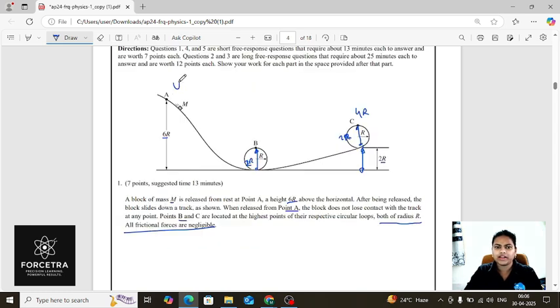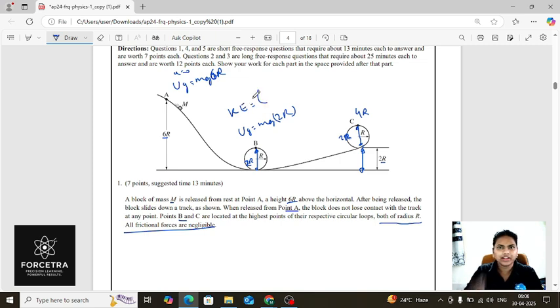At point A, there is only potential energy because the velocity is 0. So the potential energy is mg 6r. And at point B, what is the potential energy? mg 2r, and the rest, if you subtract, is the kinetic energy.